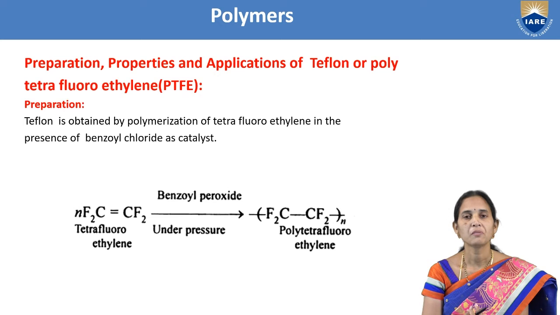Here also we are taking a number of monomers, tetrafluoroethylene molecules, and adding benzoyl peroxide as a catalyst, and we prepare polytetrafluoroethylene. This polytetrafluoroethylene is also prepared by addition chain polymerization.